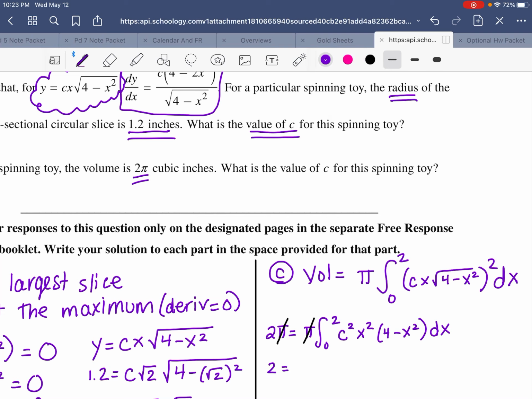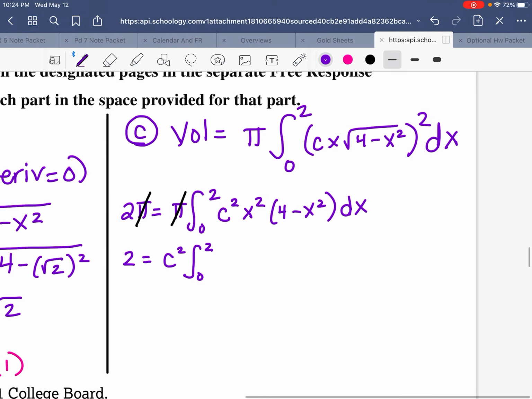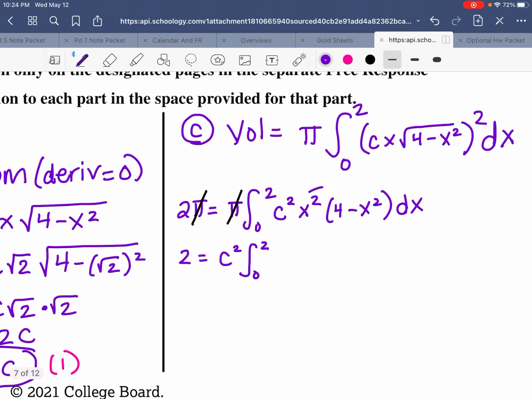I can also take that constant out front. So 2 equals c squared times the integral from 0 to 2. I'm going to distribute this x squared so that I can integrate: 4x squared minus x to the 4th dx. And now I know how to take the antiderivative of this. I don't need to use u sub or anything.